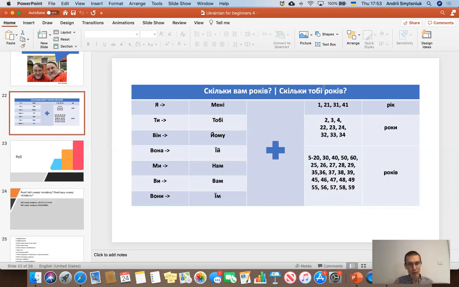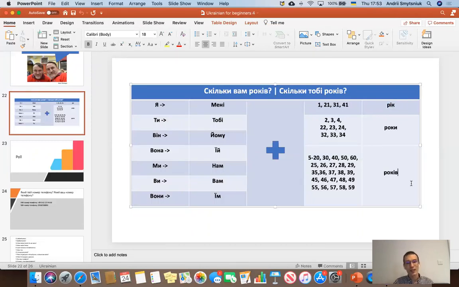We just use a pronoun, then a numeral, and then a noun, рік, роки, or років. But so рік is the singular form, роки is the plural form of the noun, and років is the plural form in the genitive case. But you don't really need to know that at the moment.